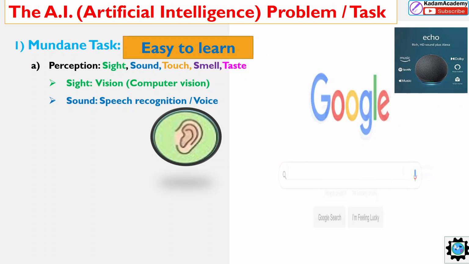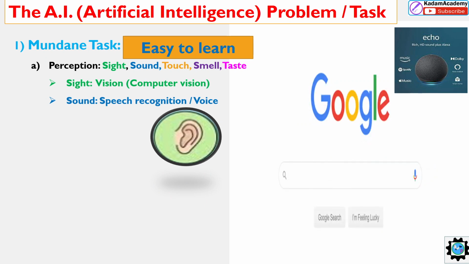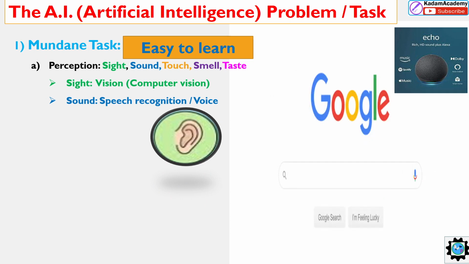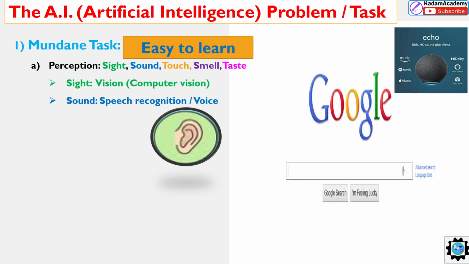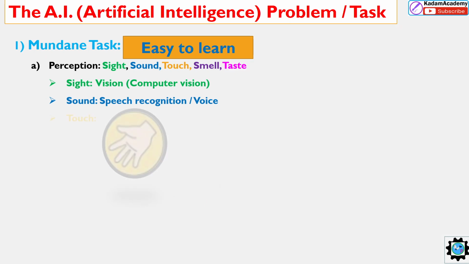It is a perceptual problem, and it is hard to solve. We can simplify the problem by restricting it to written language, meaning whatever we listen to we convert into written form, and that is easier to solve.